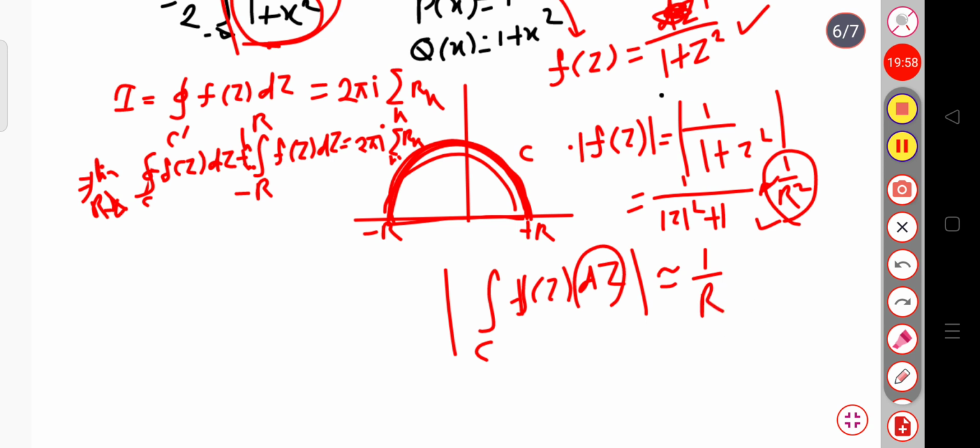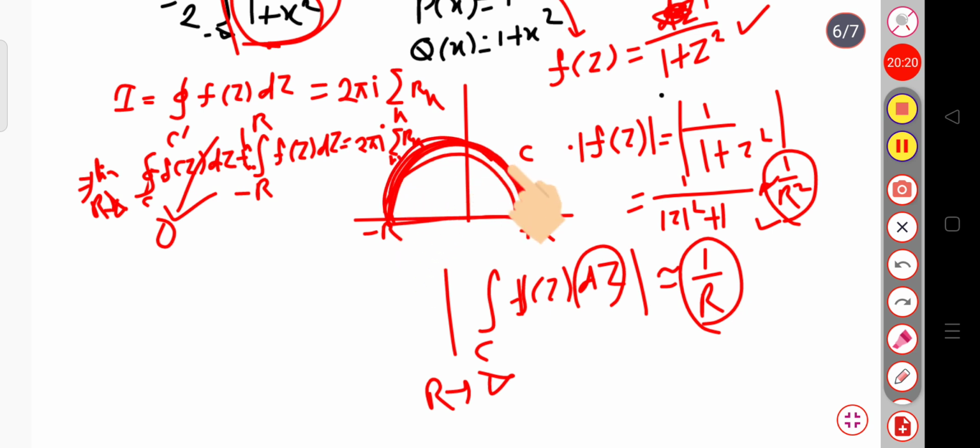Here r tends to infinity, so 1 by r goes to 0. So we can put this limit for the contour c, the integral of f of z dz goes to 0. As we have already discussed in the previous part, for this closed contour this goes to 0.